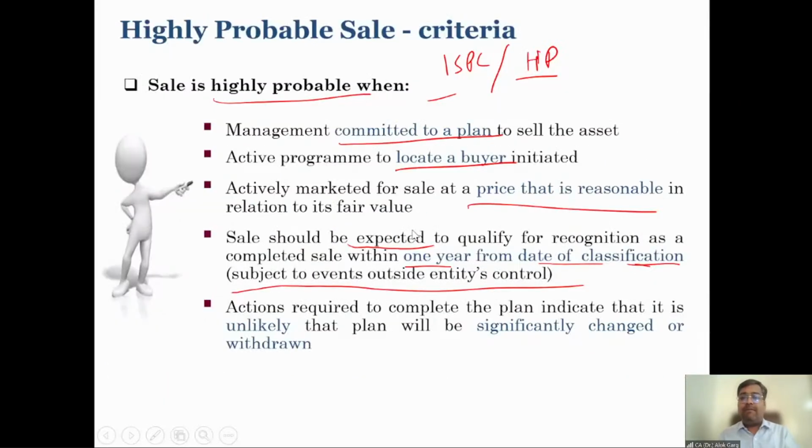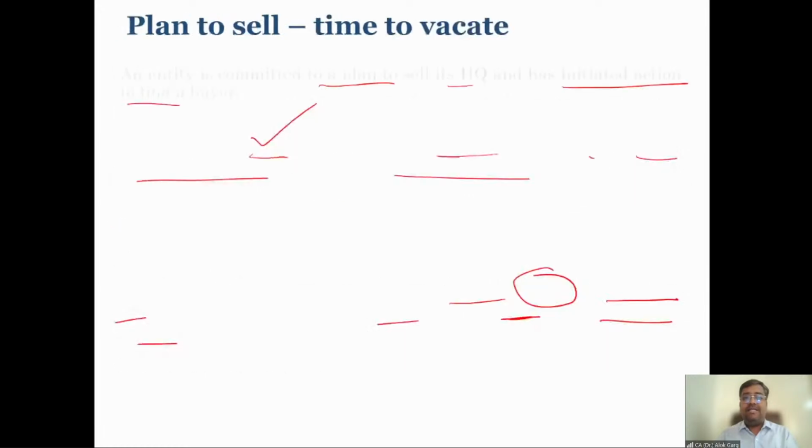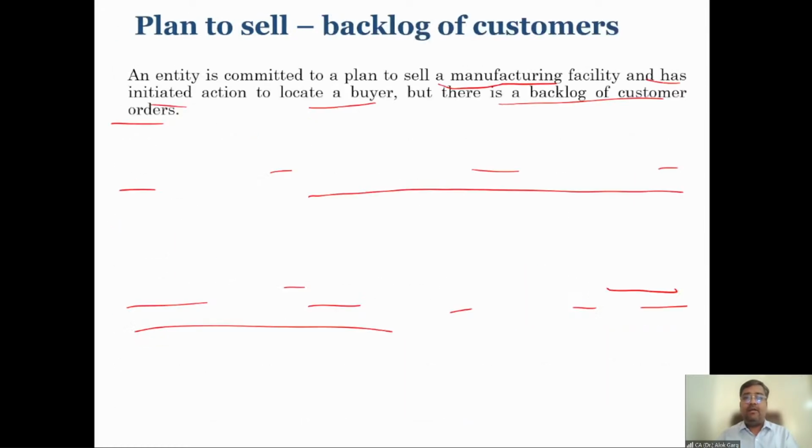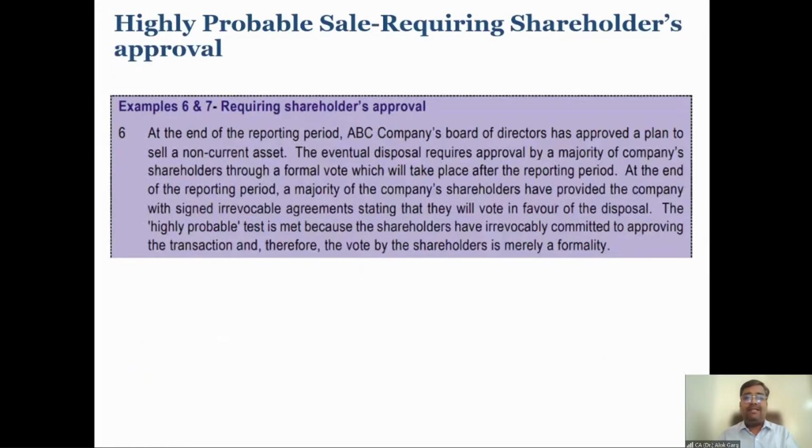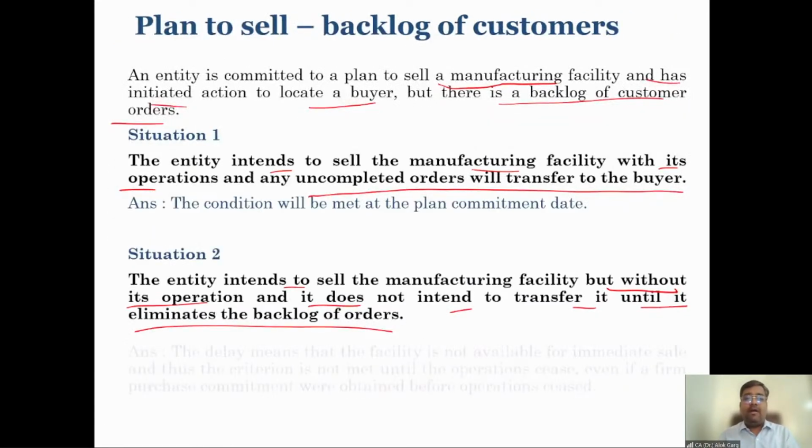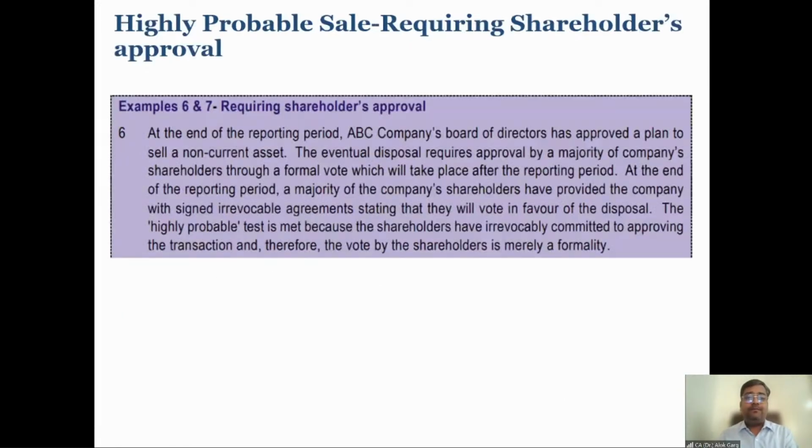So now let's come back to the PPT once again. We have discussed these aspects. Now let's discuss example number 6 from the Institute study material. Although these examples were also there in the Institute study material, this I have already shared with you.